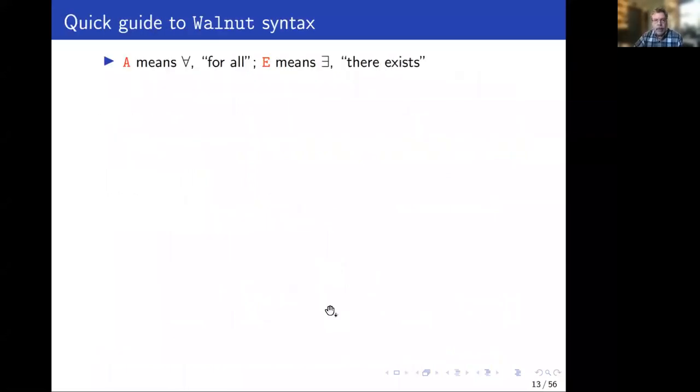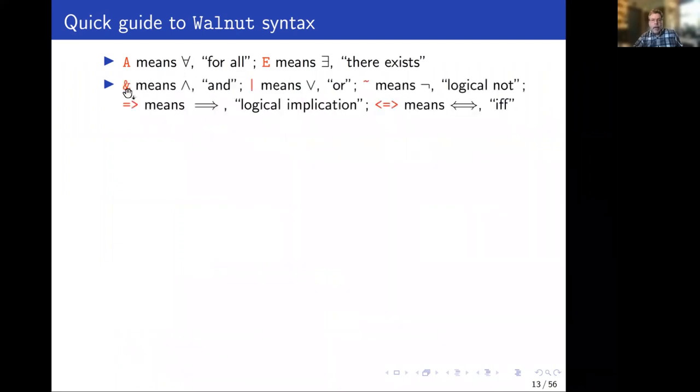Okay. So here's the quick guide to Walnut syntax. As I said, capital A means for all, capital E means there exists. Ampersand means and, straight bar means or, a twiddle means not. This sign means implication. This sign means if and only if.